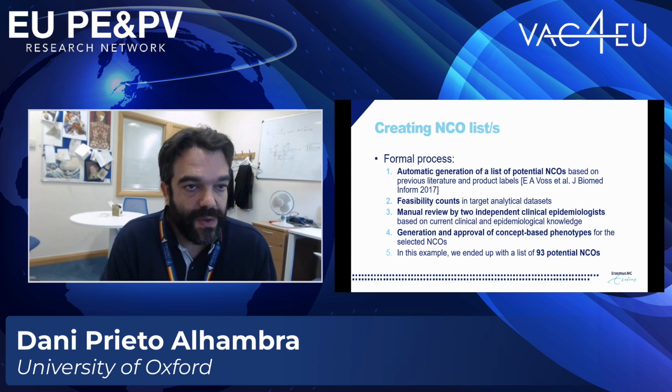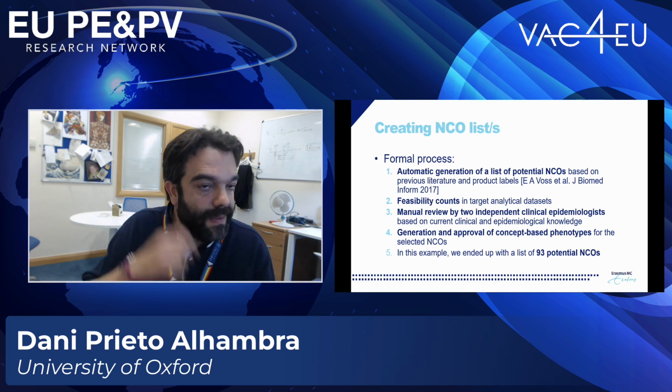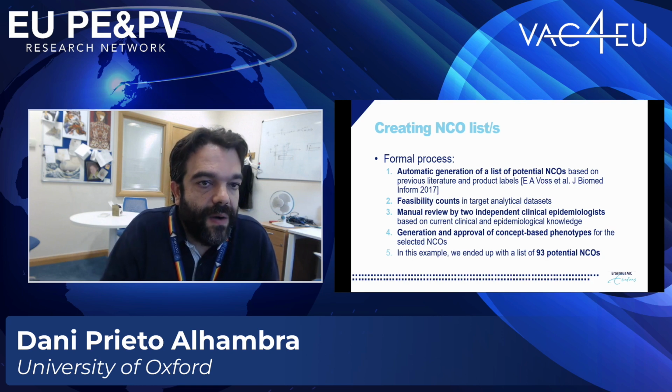Then we had a manual review by 2 independent clinical epidemiologists based on current clinical and epidemiological knowledge. And then after that, we ended up with a list of concept-based phenotypes for selected negative control outcomes. In this particular example, we had a total of 493 potential negative control outcomes, which we knew some of them would work in some databases, some others in others. As you will see, most of the times we had 45 to 50 negative control outcomes in our analysis in a given database. Next slide, please.